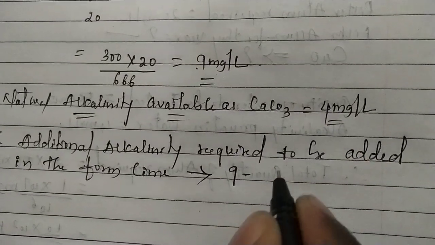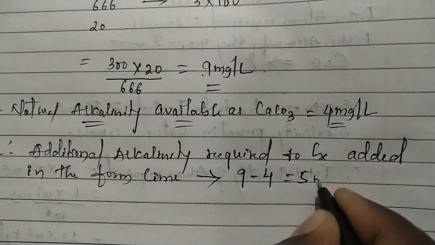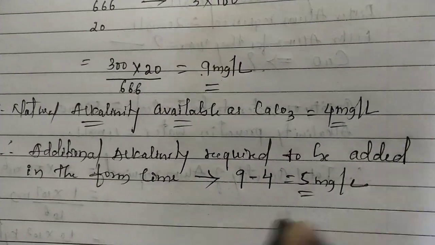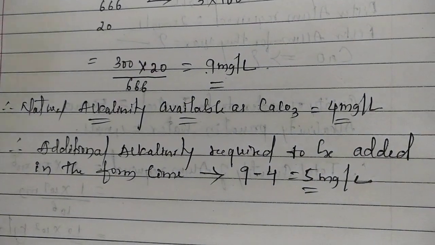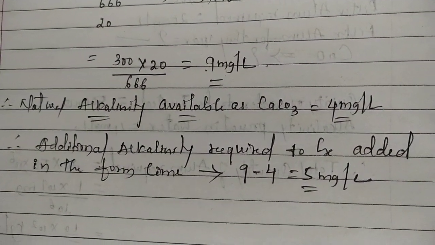So we require additional alkalinity of 9 minus 4, which gives 5 mg per liter. This much alkalinity we are going to add to the water sample.